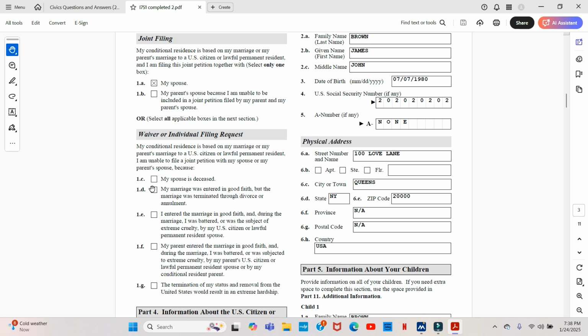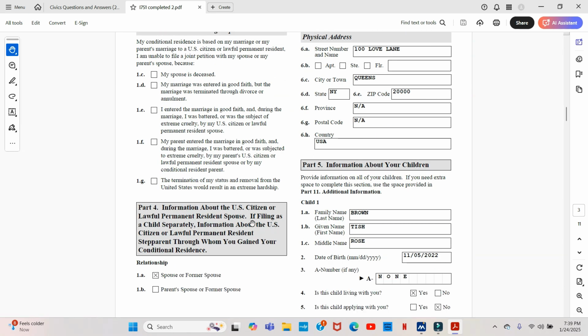Go through 1C, D, E, F, and G and select what's applicable to you. So this section goes for persons who are filing by him or herself. So you are not filing with a spouse or you are not filing with a parent.